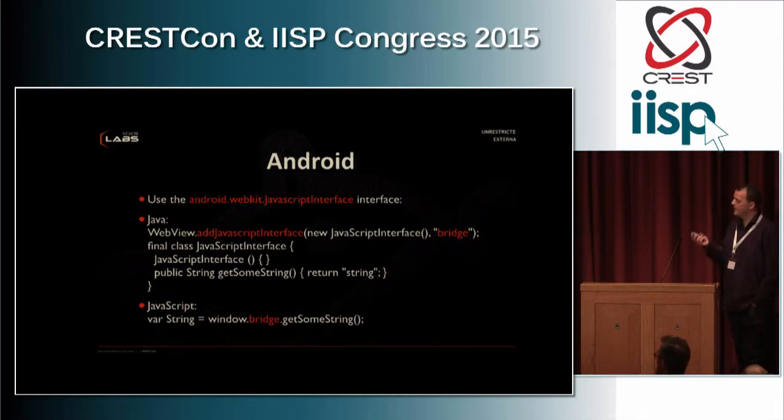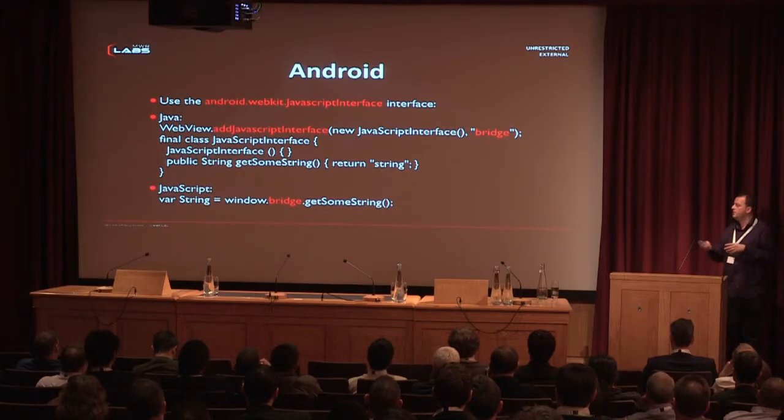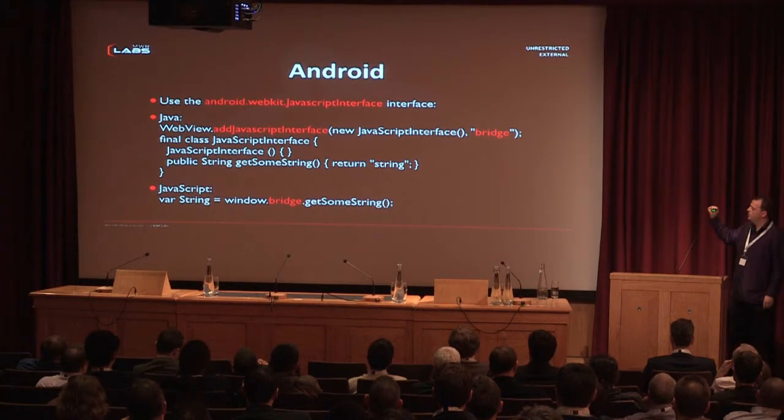But basically this works in a slightly different way to trapping a request. This actually exposes an object in the DOM of the web page within the web view, or the container that's presenting it, and that means that you can call any methods that are exposed or bound to it from the web interface. So there it's basically creating a JavaScript object called bridge.